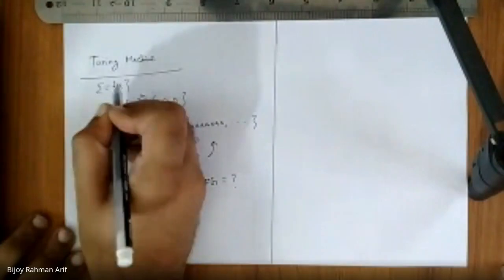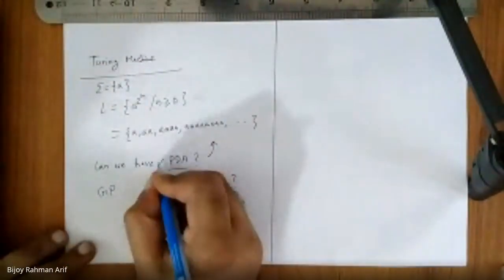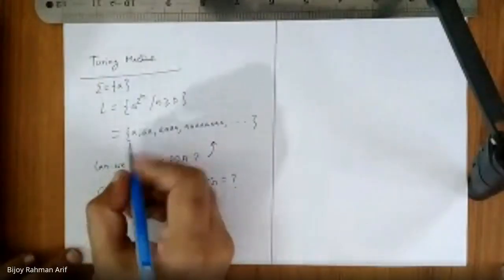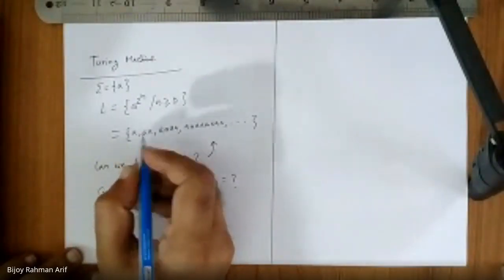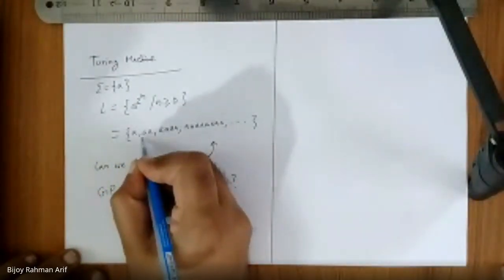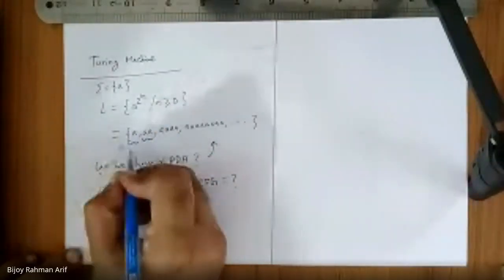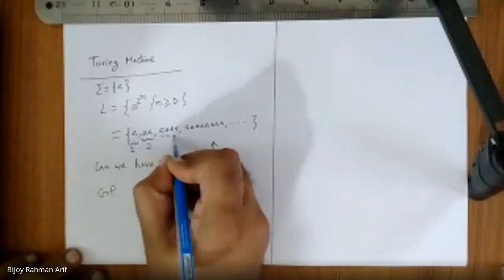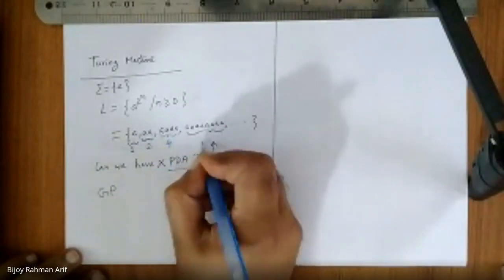Yes. So the thing is, it does not have any push down automata, and it does not have any context free grammar. Because initially you have 1A, then 2A, then 4A, then you have 8A.